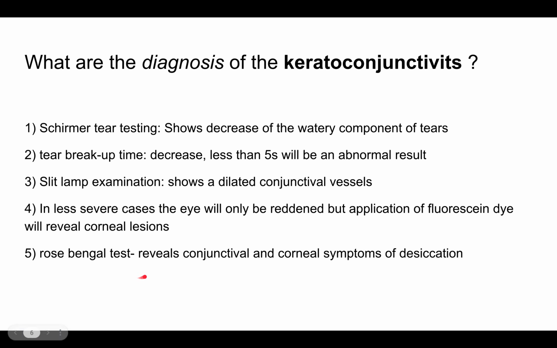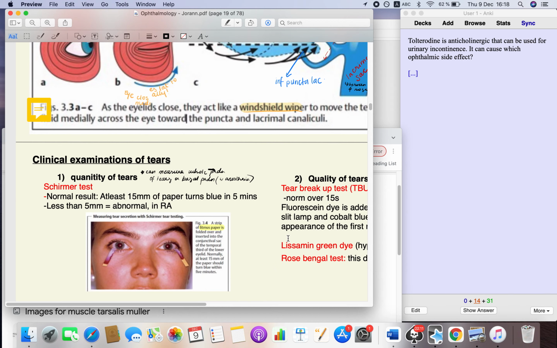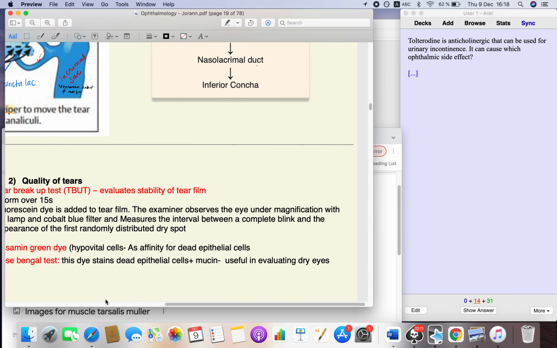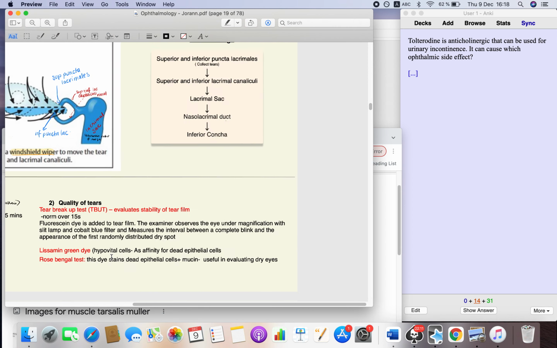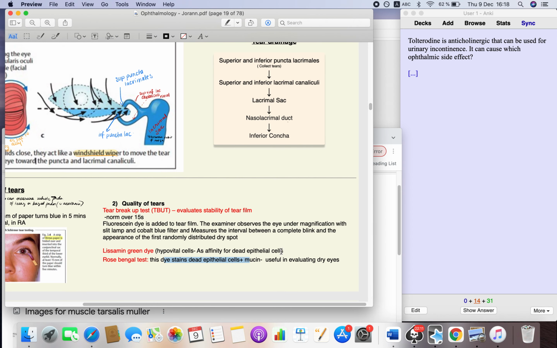The Rose Bengal test reveals conjunctival and corneal symptoms of desiccation. It stains for dead epithelial cells and mucin.